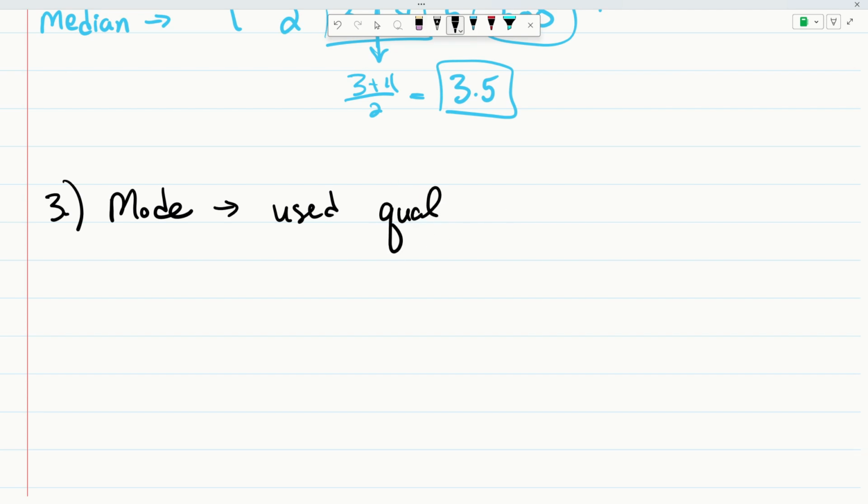You're going to hear that word a lot more. We use the mode for qualitative data. Another way to say that is categorical data, meaning you could fit it in categories.